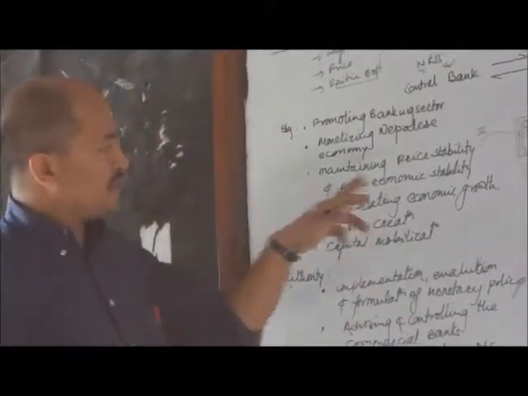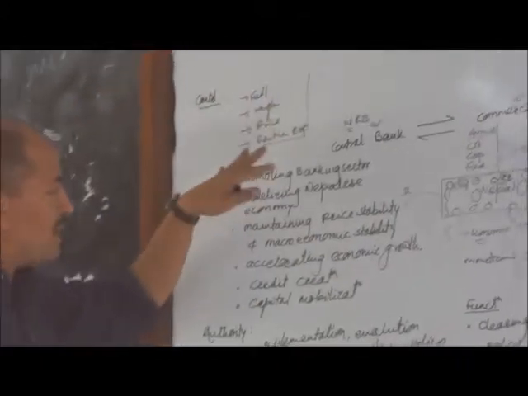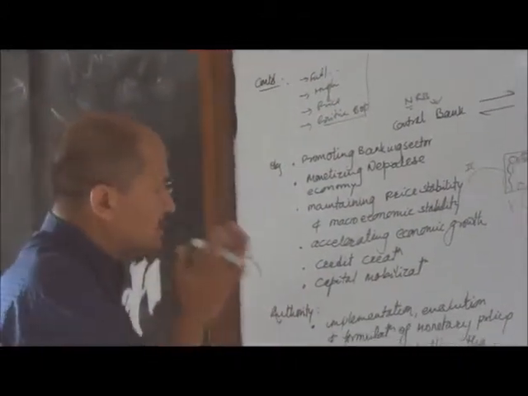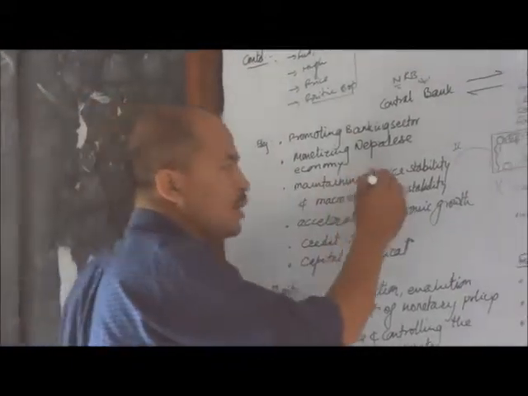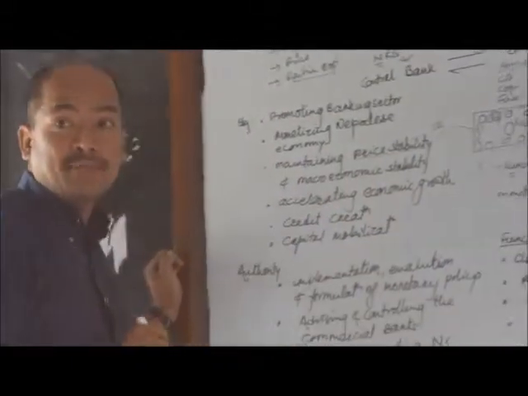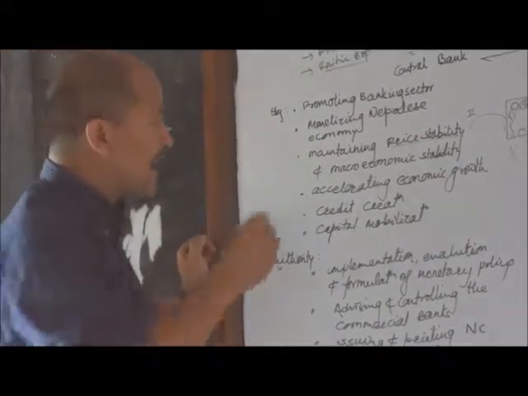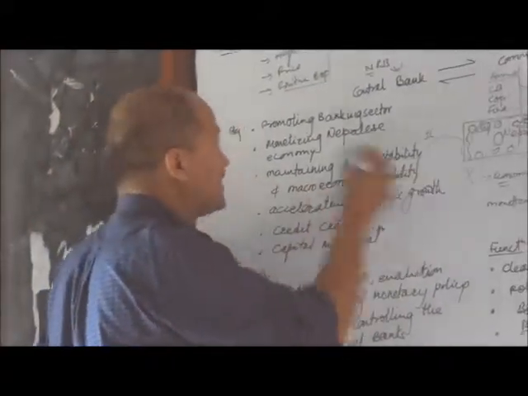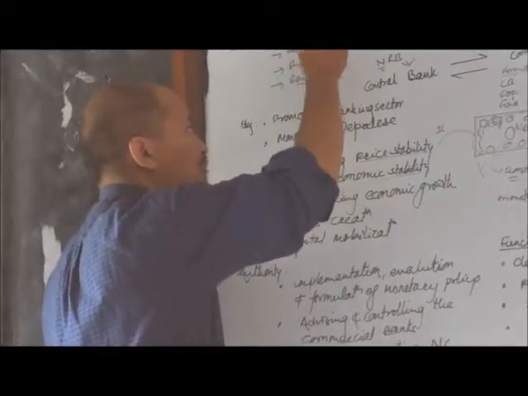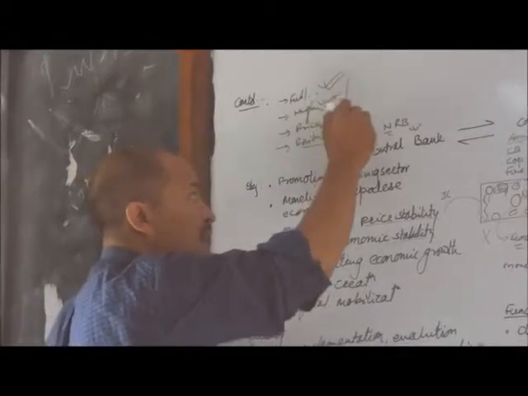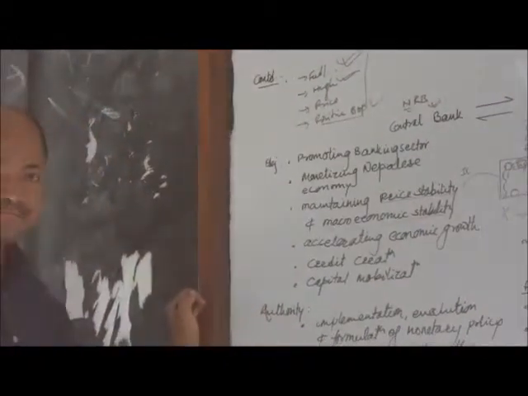And another part is, we have four major objectives, but through the monetary policy, Nepal's central bank's major concern is to control inflation by controlling the money supply. And another part is macroeconomic stability. We want to maintain a higher economic growth rate, full employment, and positive BOP.